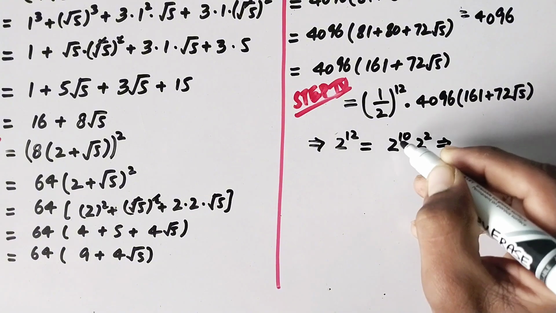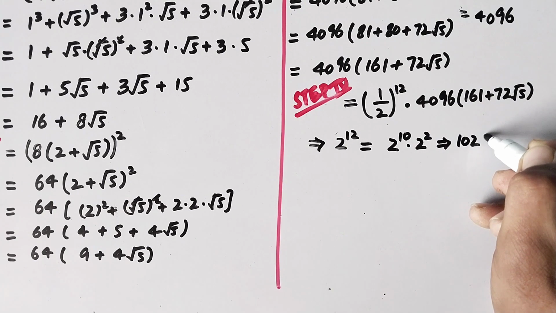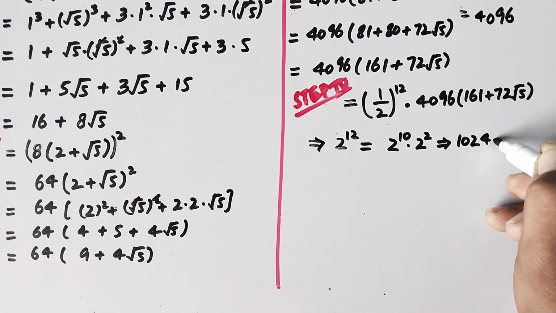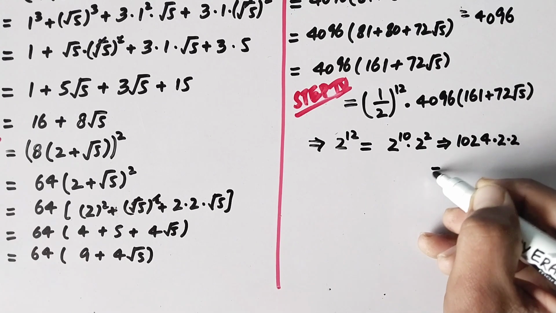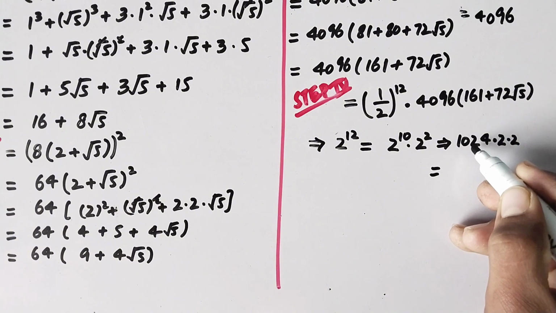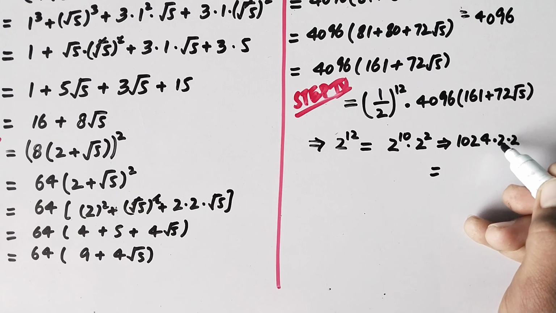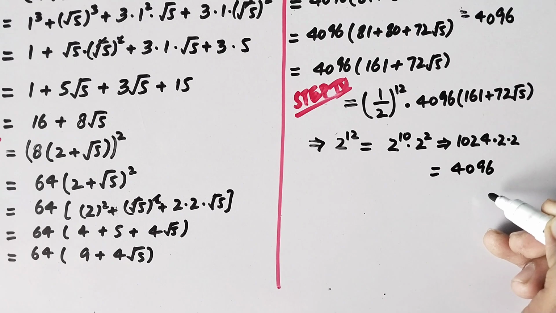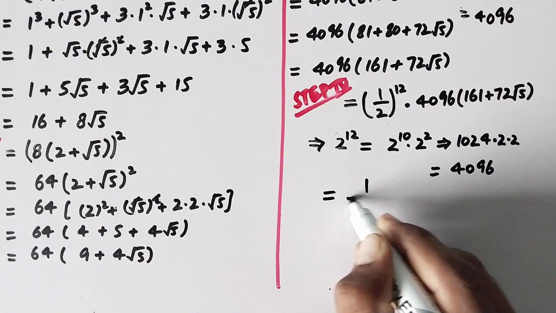As we know that 2 to power 10 is equal to 1024, and we write 2 to power 2 as 2 times 2, it will be equal to 1024 multiplied by 2, which is 2048, and 2048 multiplied by 2, which is 4096.